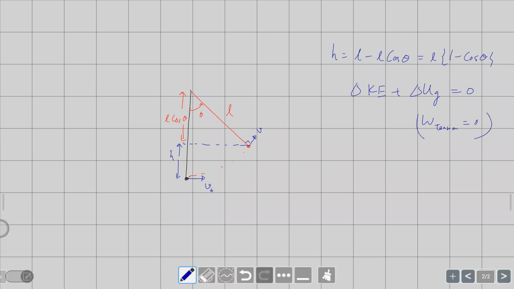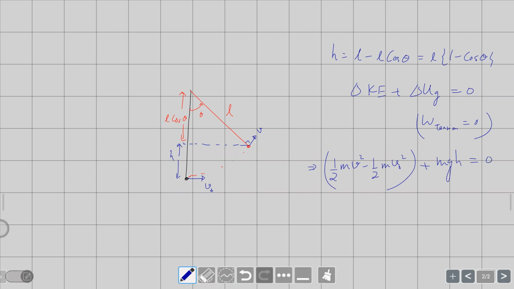Because tension is acting perpendicular to the velocity, just like the normal reaction was perpendicular in an earlier example. So half m v square minus half m v naught square is the change in kinetic energy, and plus m g h is the change in gravitational potential energy. So it's equal to 0.